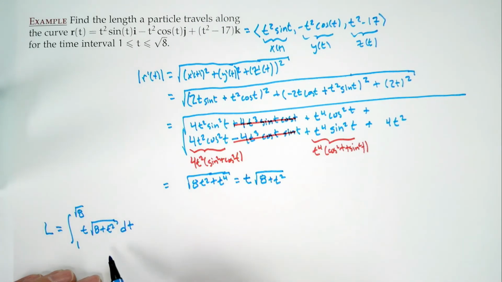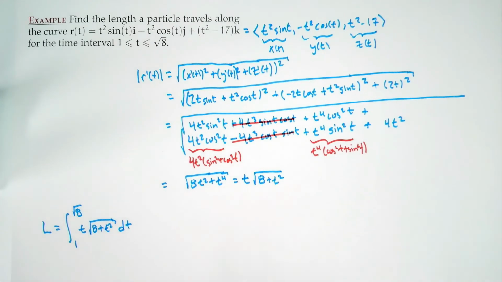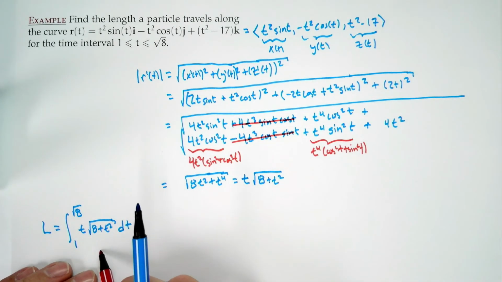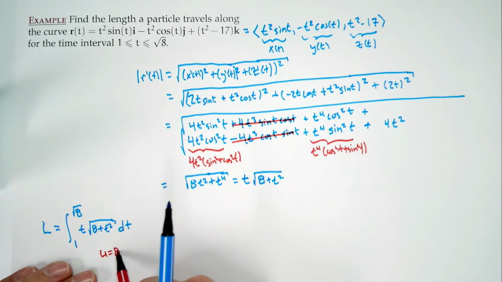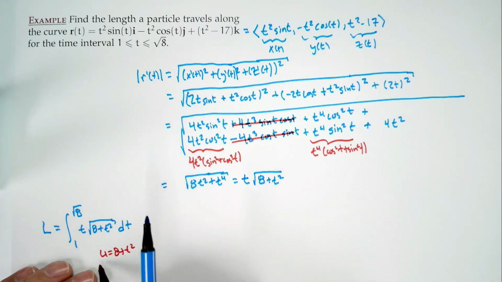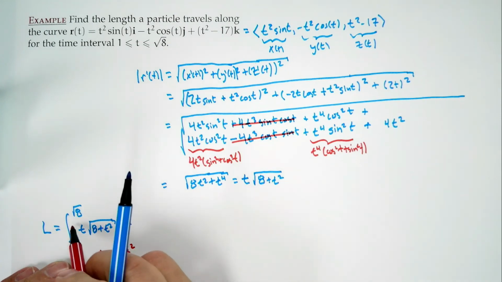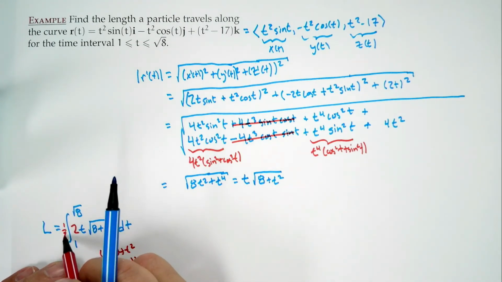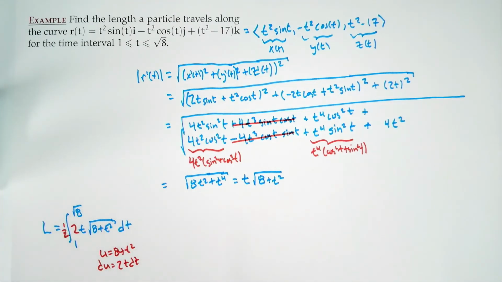Now here, well, we'd go and proceed similarly as before. U equals 8 plus t squared. Du would be 2t dt. So I can put a 2 and a half. So I get the 2t there. Now, what do we get? Now, this will be equal to, update the bounds. These are t bounds.